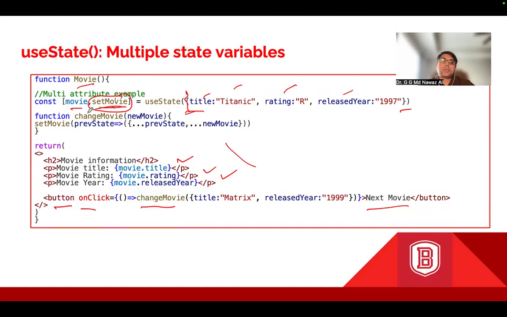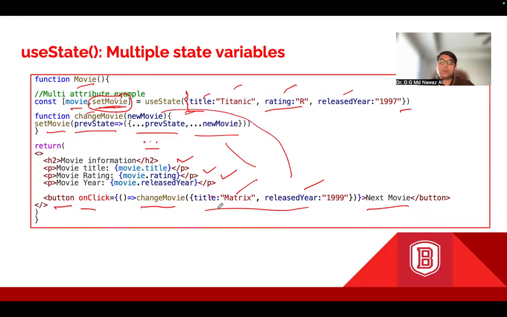Now, what changeMovie is doing: you are passing an object with the title and release year. You are not sending the rating. You are calling setMovie and saying, I want to keep all the previous state, which is the three dots, but also change certain things coming from the new movie.